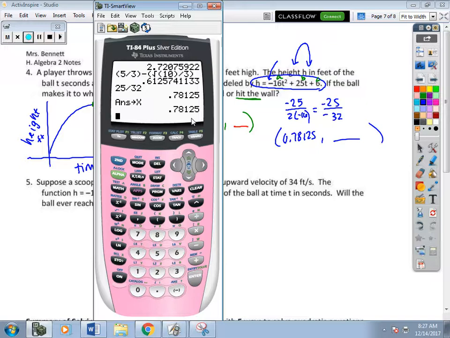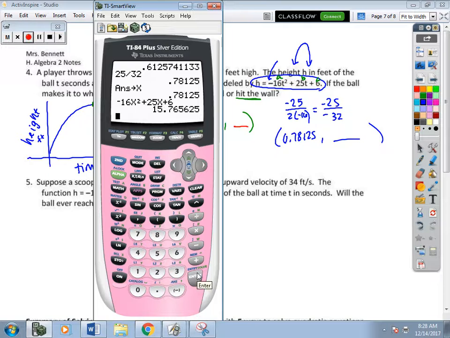So now, if you want to evaluate this, you can type in negative 16x squared plus 25x plus 6. And what it's going to do for us is take that number and store it for x. This is super useful, especially if the decimal ended up being significantly longer, so you wouldn't have to type out everything or round it and get a wrong answer.